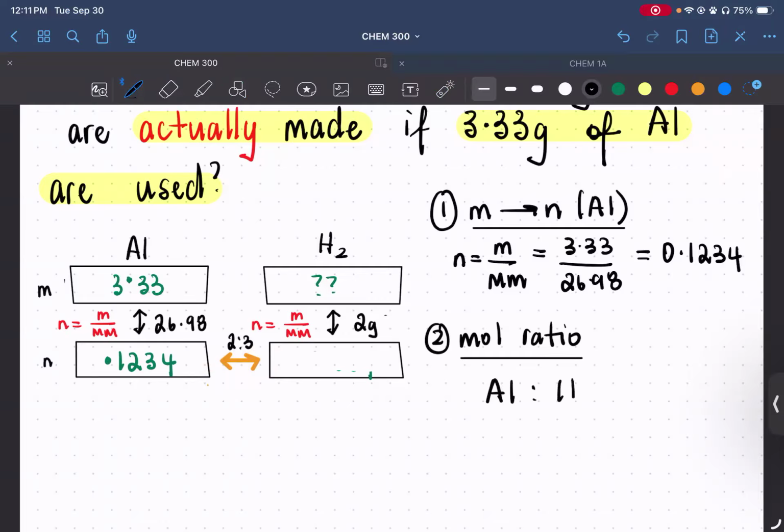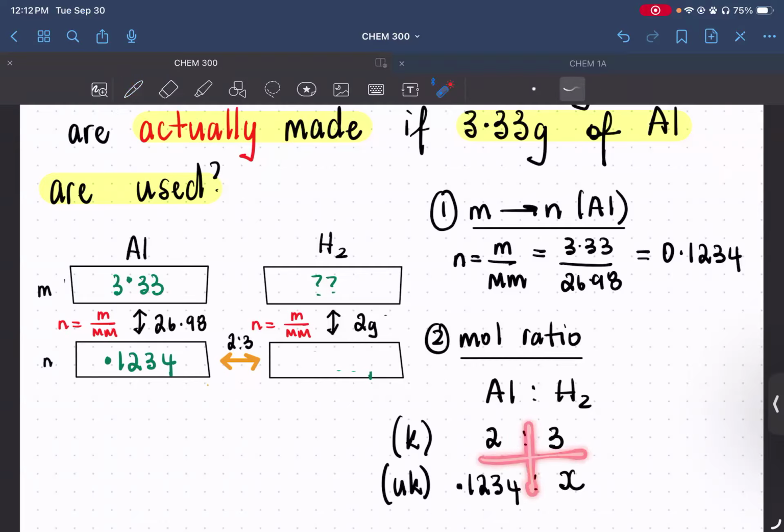aluminum to hydrogen. I know the ratio is 2 to 3. I know that. That's from the balanced equation. What I don't know is if I have 0.1234 moles of aluminum, how many moles of hydrogen do I need? Here we have our 2 by 2, our nice ratios. We're going to cross multiply.